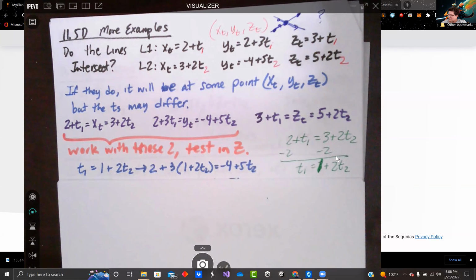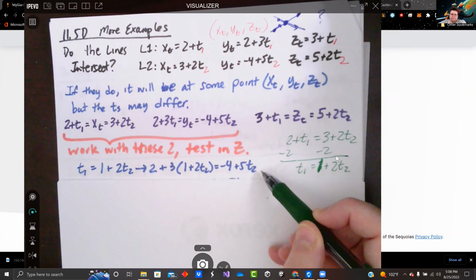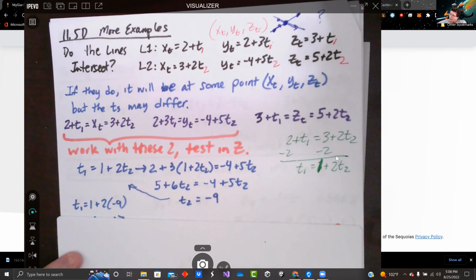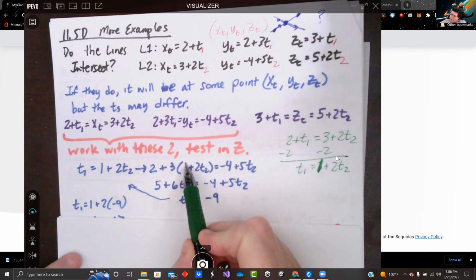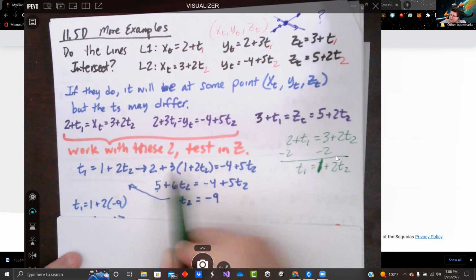God, this is getting hard to say. I should have used a different number. All right, so notice all we've got left is t2s. Let's solve for t2. If I distribute, I get 3 times 1 is 3. Add to 2, I get the 5. 3 times 2t2 is 6t2.